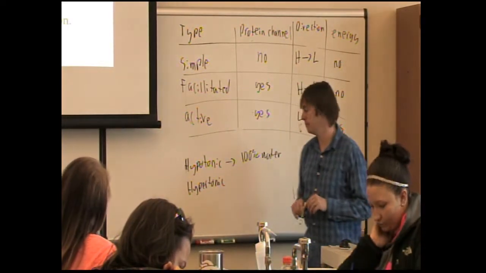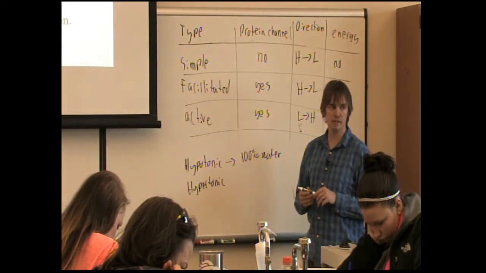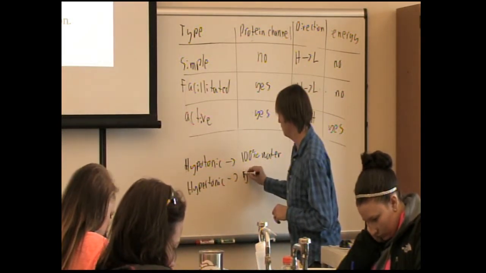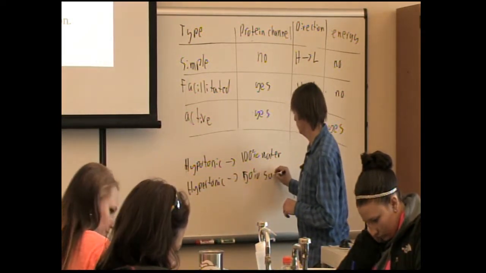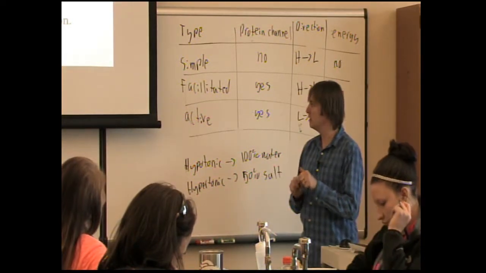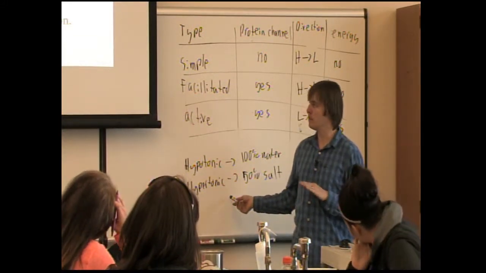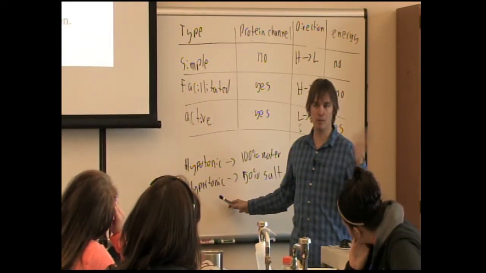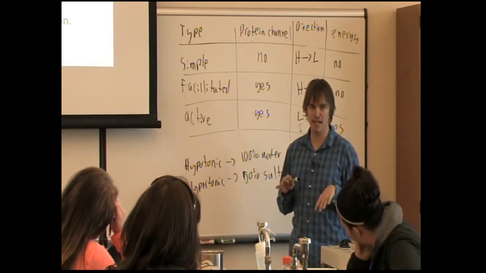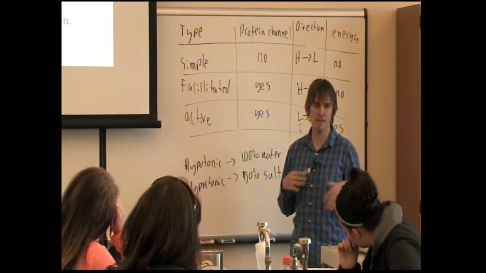If you have a solution of 100% water, it's hypotonic. If you have a solution that's, I don't know, 50% salt, it'd be hypertonic. The best way to remember, and I didn't come up with this, one of my students a couple years ago did: the first thing you do is figure out which way water is going to go based on comparing the inside and the outside, because water goes from where there's more solutes to where there's less to even it out.